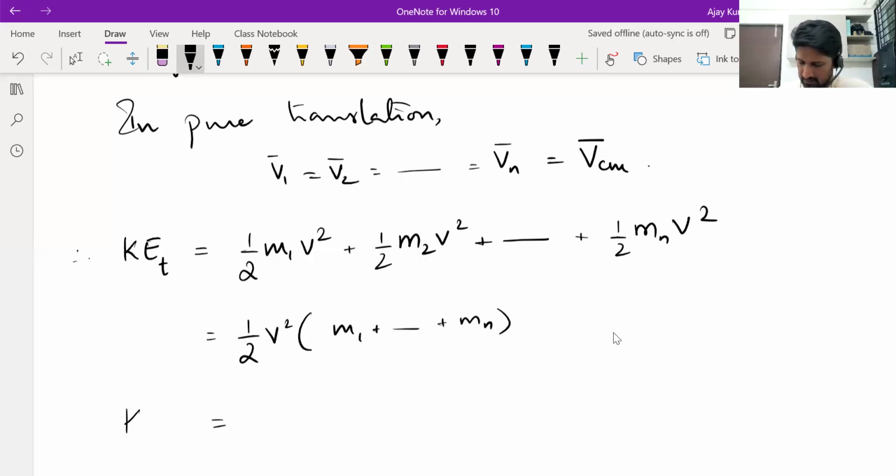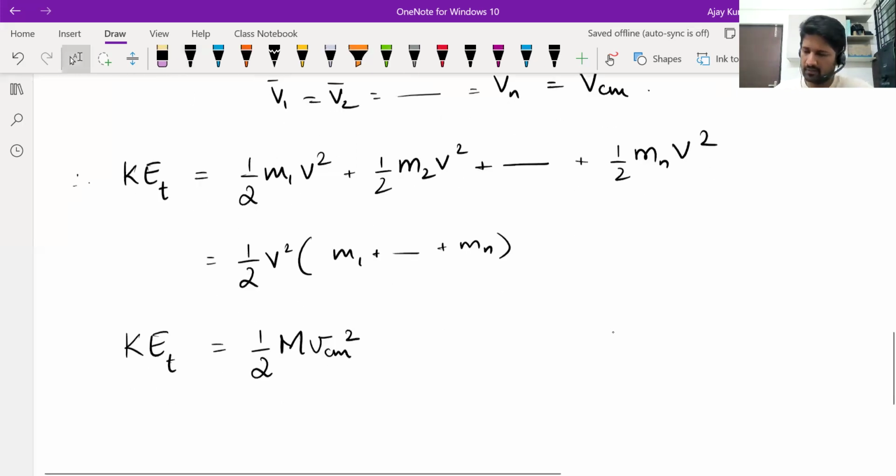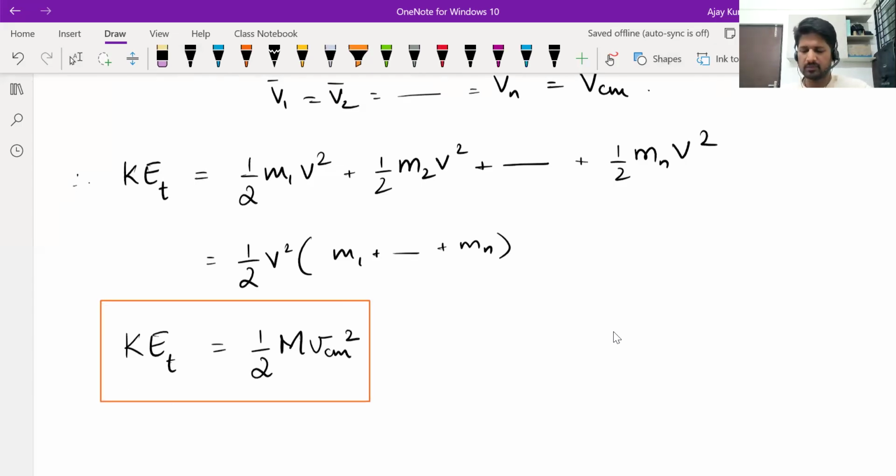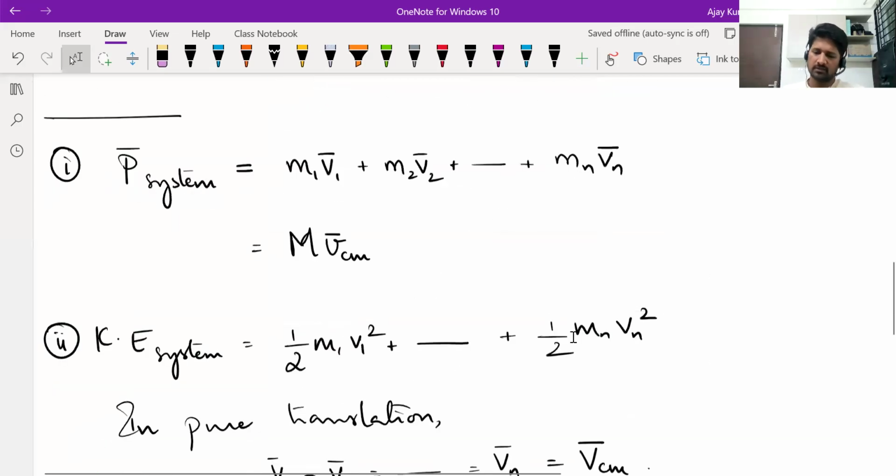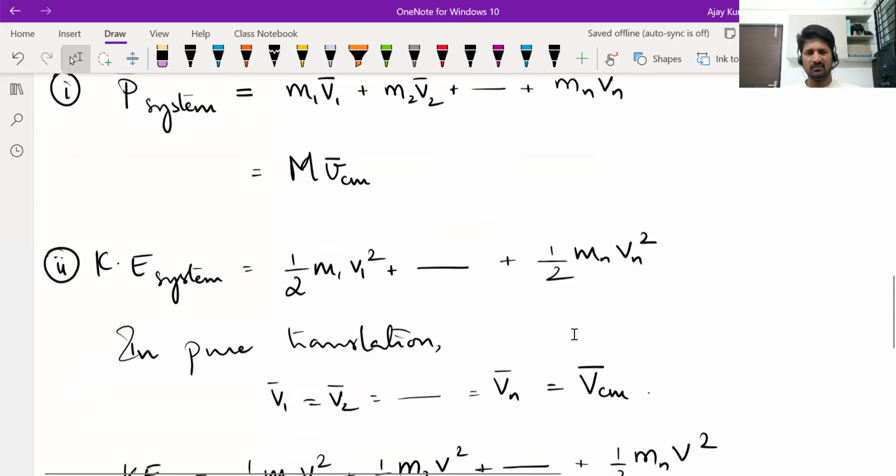Therefore, kinetic energy in translation can directly be written as half into total mass of the system multiplied with velocity of center of mass squared, or I should say speed of center of mass squared. Basically, they all have the same speed. Okay, means the entire system's mass has the same speed. Therefore, you can use half mv square directly. And this is what we had been doing also in the chapter work energy power. Okay, so for a system undergoing translation, all the formulas that we derived or used till now, they are applicable.